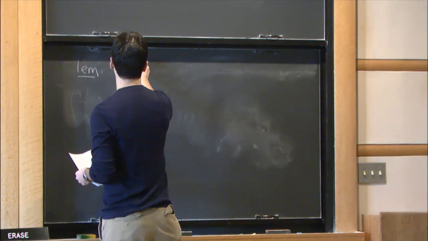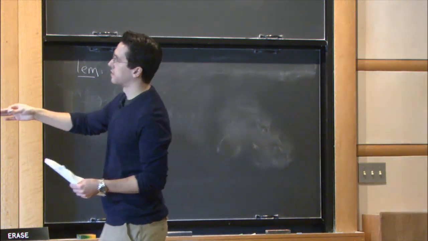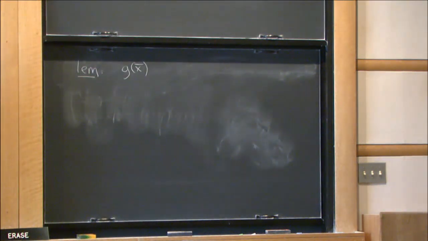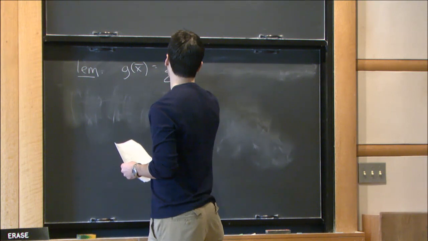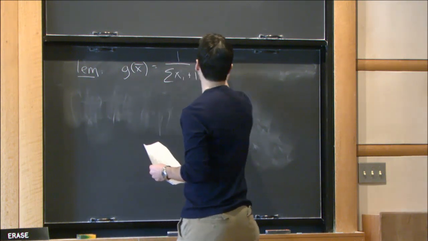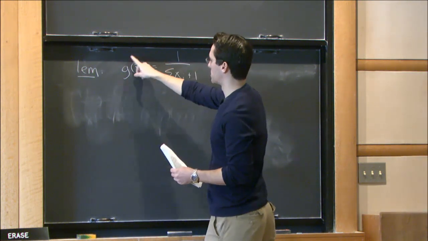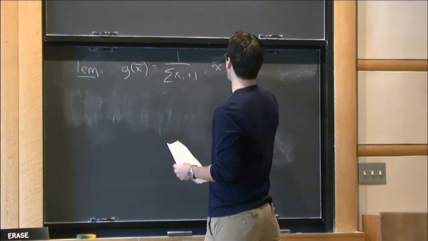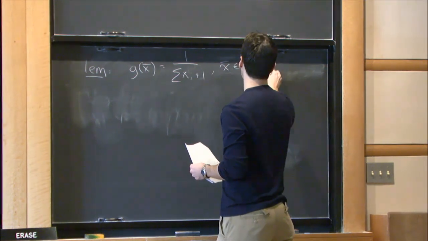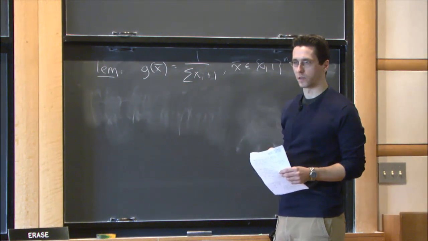So suppose that you have g of x. I'm going to prove this baby case lower bound using this functional lower bound idea. Suppose g of x is a polynomial here, and this is a functional equation for every Boolean vector.